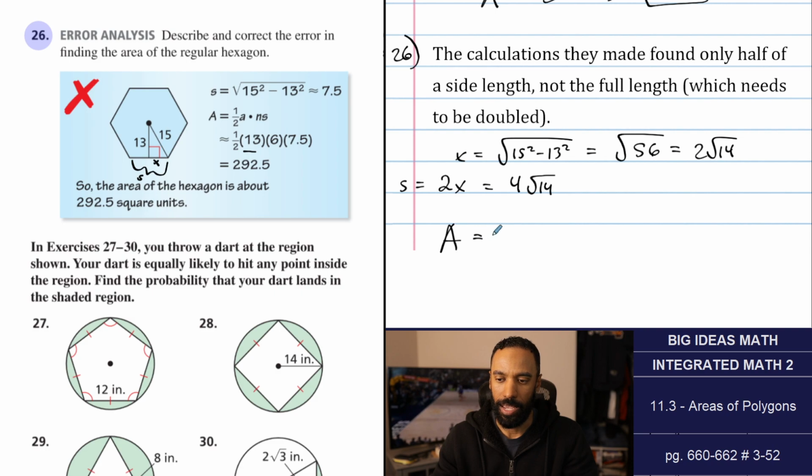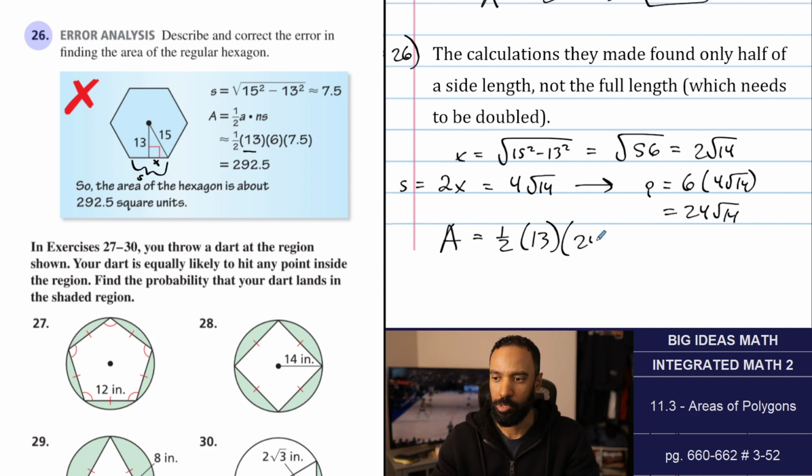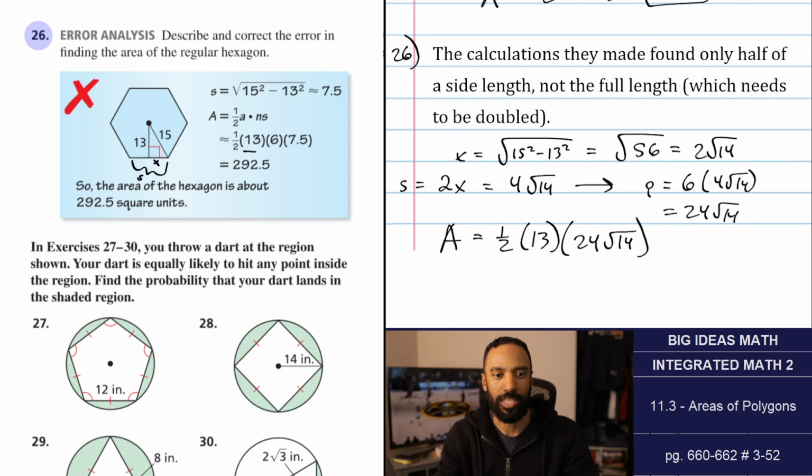So area is going to be 1/2 our apothem times perimeter, I didn't get that yet. Perimeter is 6 sides. 1, 2, 3, 4, 5, 6. 6 sides. 24 root 14. All right, apothem times perimeter. Now, here's the thing. Whatever answer they got, I think this answer will be doubled.